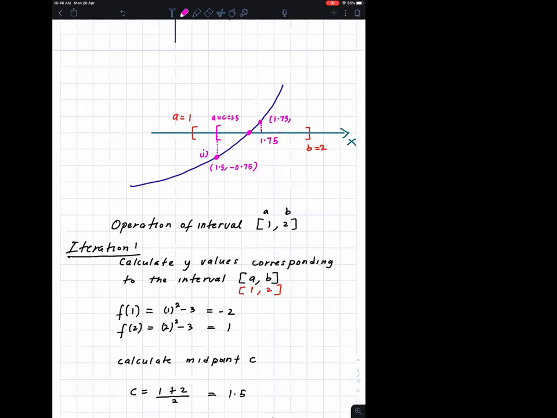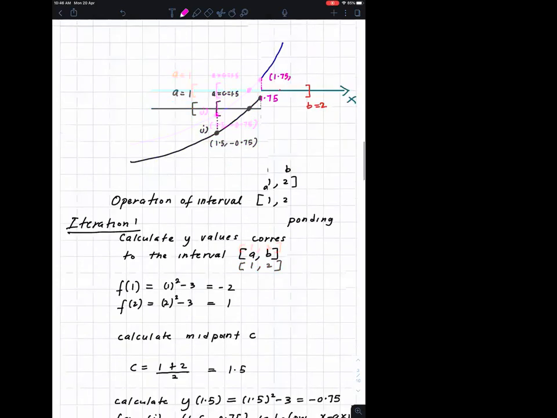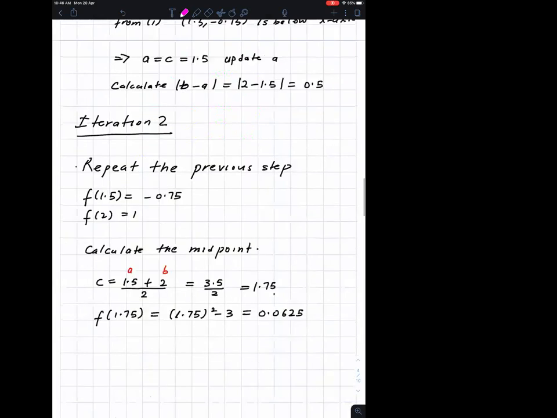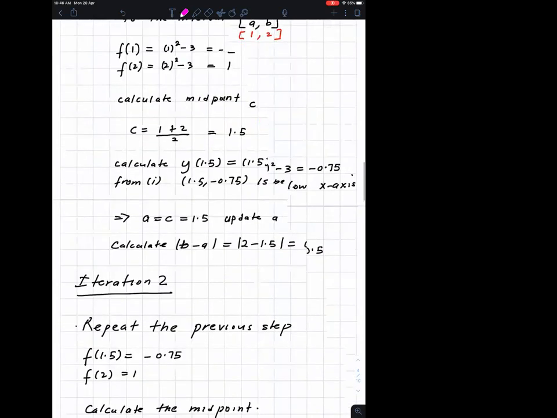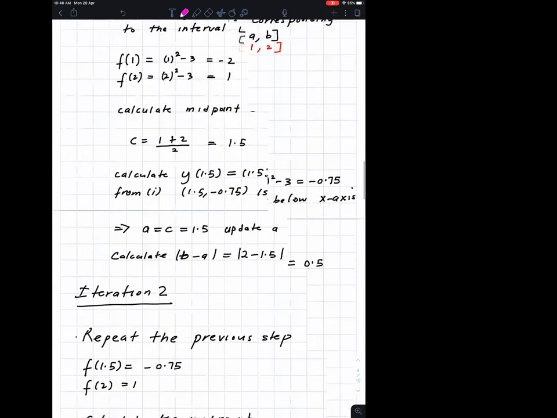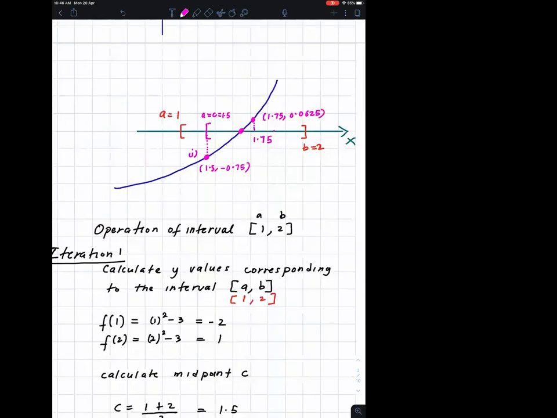What did we calculate? 0.0625. Okay, now you are on the right hand side. So this is your root. Now you're on the right hand side of the root.